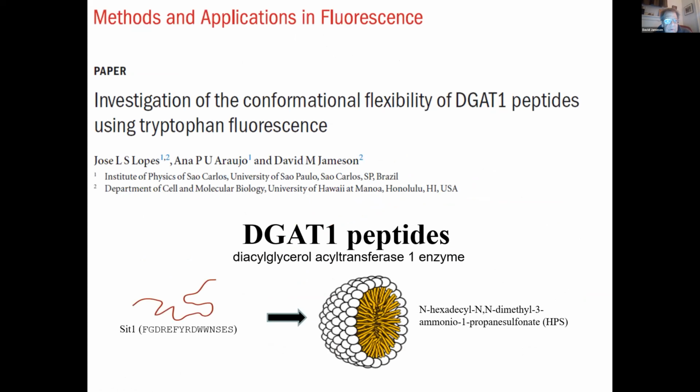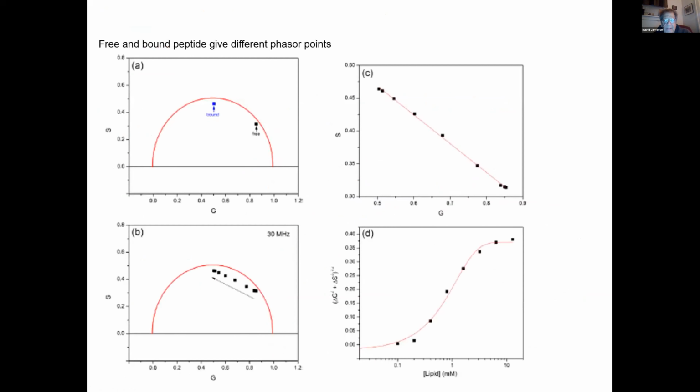And I just want to show this one. Jose Lopez was a Brazilian postdoc in my lab, and he had a peptide that had two tryptophans in it. And when they bind to micelles, it changes. You can see from the free to the bound, you can titrate in and the phasor points shift. And here we see on this diagram, that section expanded.